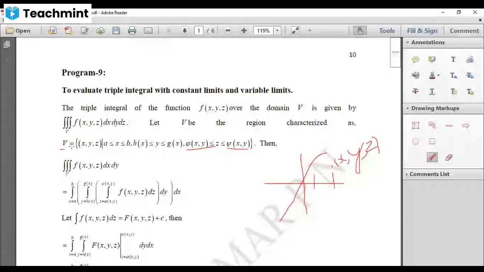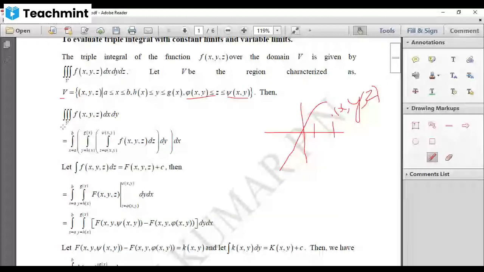Over that region, we have to integrate this. How are you going to integrate this? Here dz is missing. Not necessary, because you know that z is a function dependent on x and y, y is a function dependent on x, and x is independent of the other two variables.